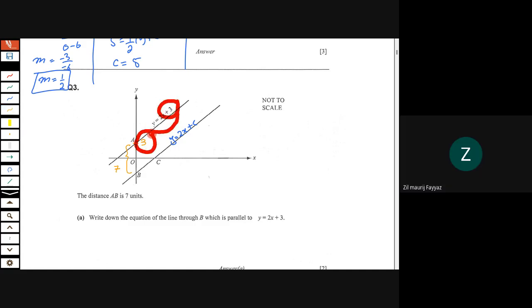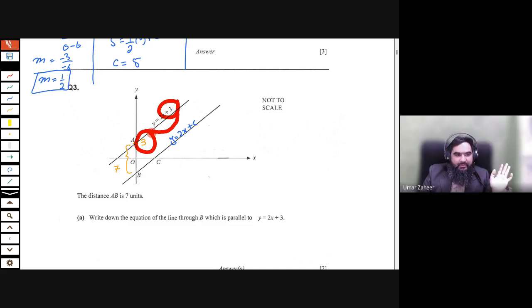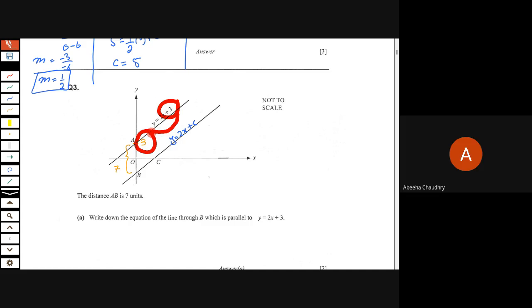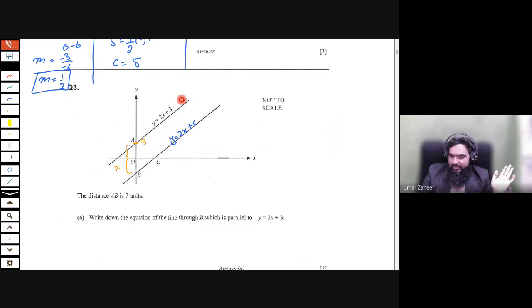Sir, we go 7 units down from 3. Yes. Because the y-intercept of this line is 3, this means that this line cuts the y-axis at 3, and the distance between A and B is 7 units, so we'll go 7 units down.